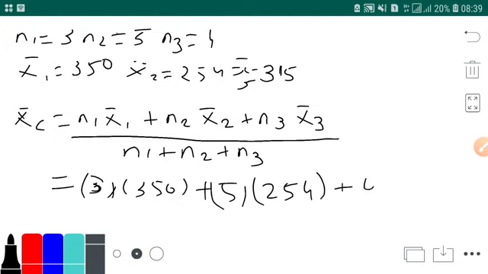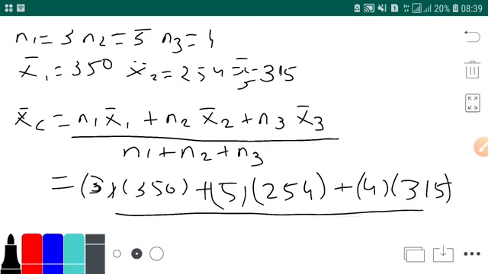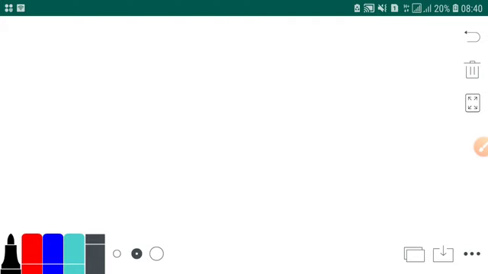Then n3 is 4 into x bar 3 upon n1 plus n2 plus n3. Now if you solve this, it is 1050, we have to multiply 350 into 3.